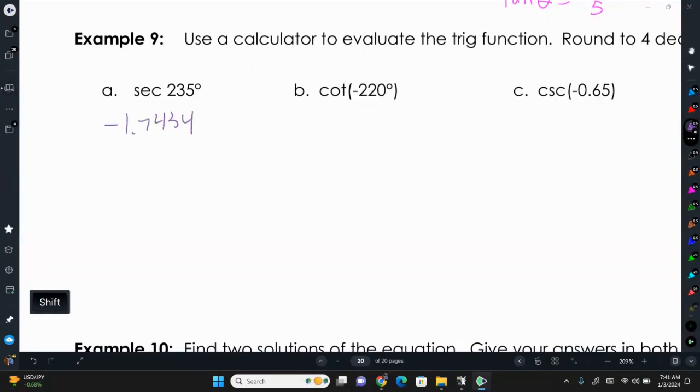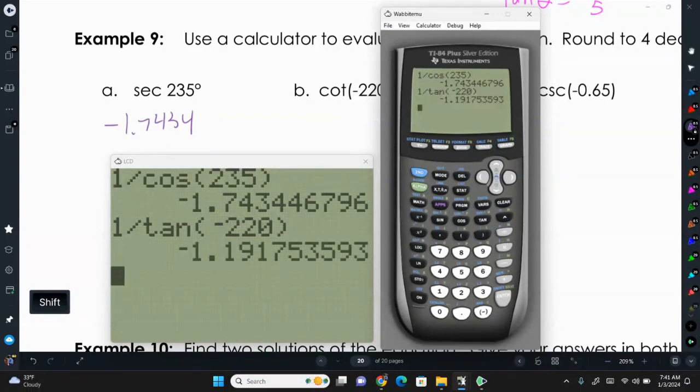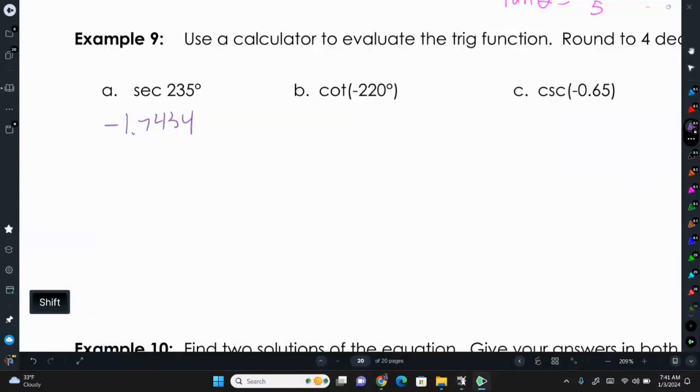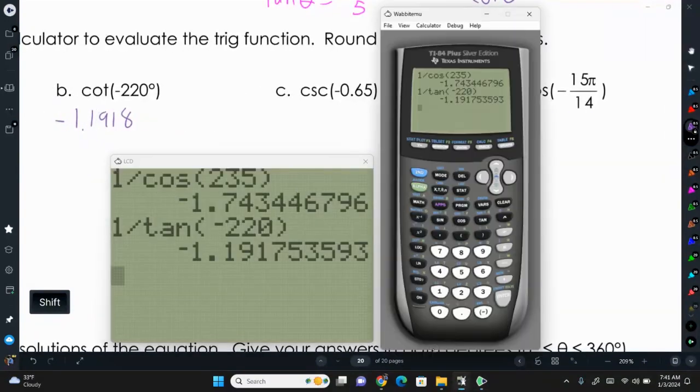Cotangent of negative 220 degrees, so 1 divided by tangent of negative 220 degrees, close parentheses, and we get negative 1.19175, which we'd round up to negative 1.1918. Now for letters C and D, those are in radians.